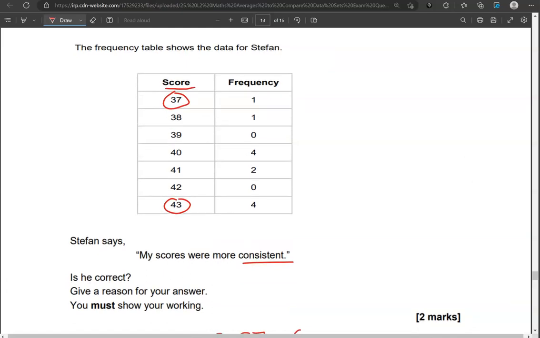So we've got the scores and the frequencies. Because some of the scores appear more than once, that's why we have the frequency table here.